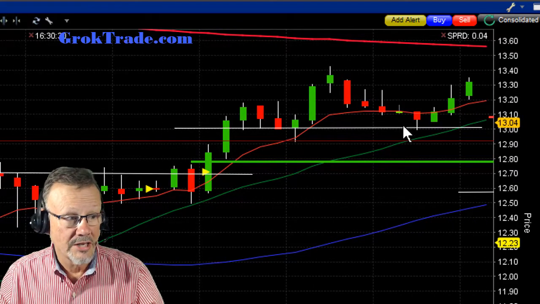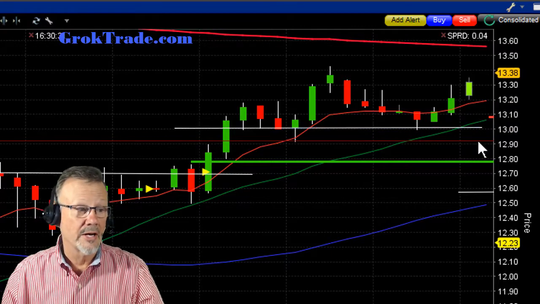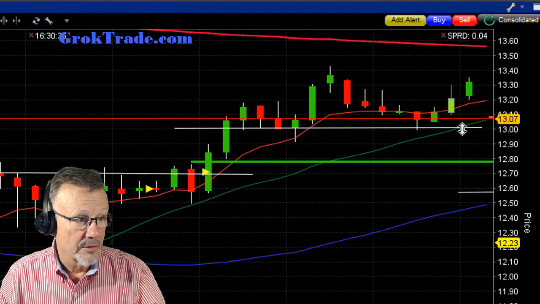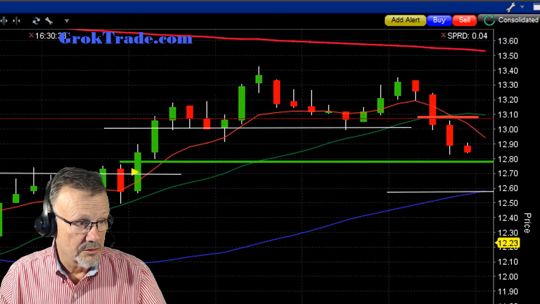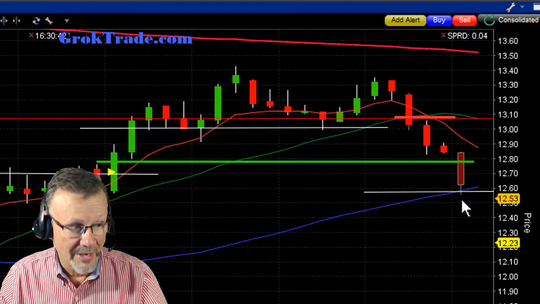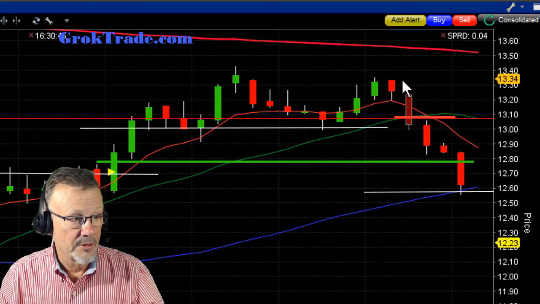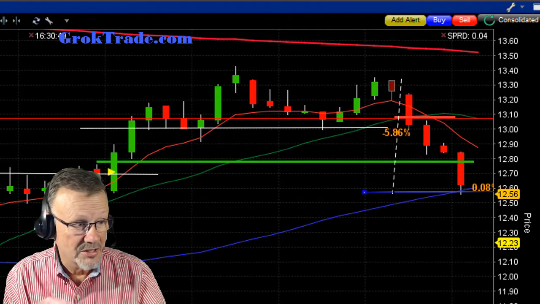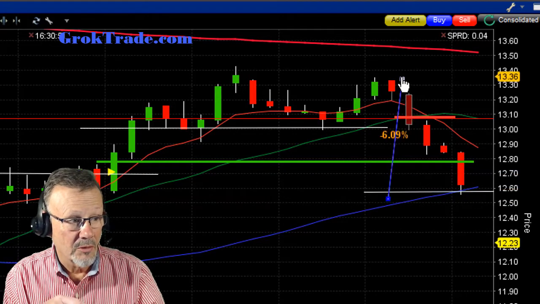It came right back to it, tagged 13 again here, rolling back up, following this 20 moving average up here, right there, and bam, look at that. Roll back up here and bam. I mean, that doesn't look like much from up here to down there. This was a 6% drop, folks, from up here to down there.